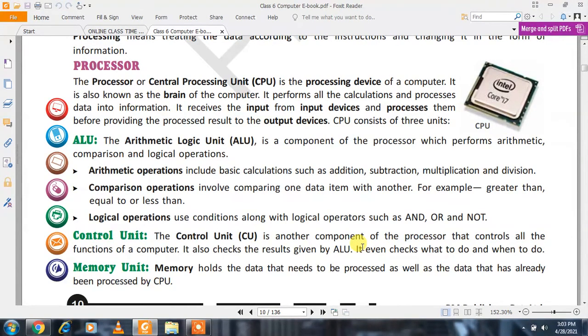So ALU is basically responsible for all kinds of calculation, either mathematical, logical or comparison calculation.